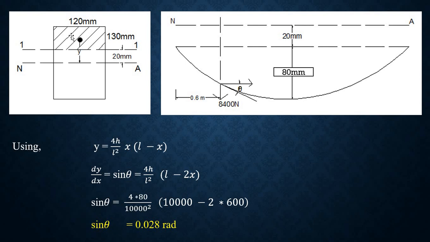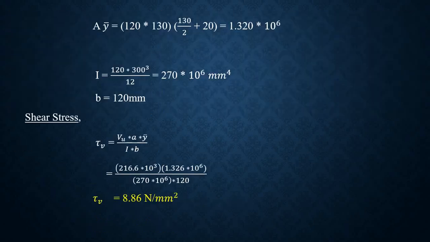So it is 130 by 2 plus 20. Like this we have calculated Y bar. It will be 1.320 into 10 power 6 mm cube. The static moment of area is over.